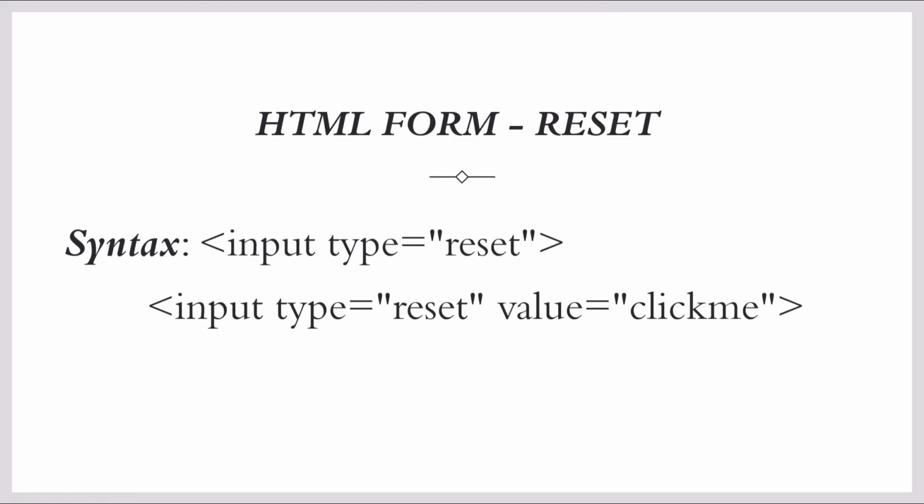The type equal to reset attribute is a convenient way to allow users to reset form fields to their default values without any extra code. However, it's important to note that it will reset all the form fields within the same form element. So, be more cautious while using this.